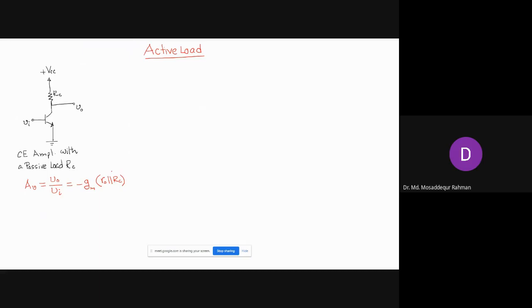That is the gain expression for the common emitter amplifier. r naught is the resistance connected at the output between the collector and emitter of the transistor, and that r naught comes in parallel with RC. That's how the gain expression will be.